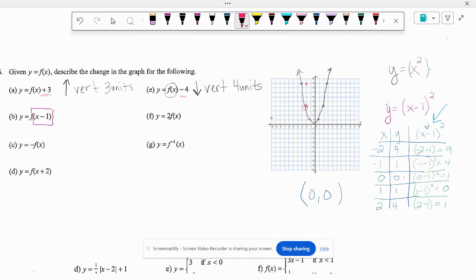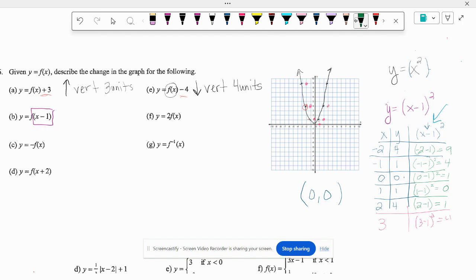When x is negative 1, I'm at positive 4. When x is 0, I'm at positive 1. When x is 1, I'm at 0. When x is 2, I'm at 1. And if x were 3, 3 minus 1, the quantity squared, is 4.